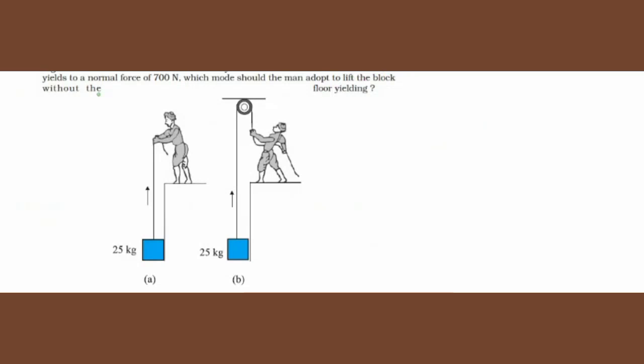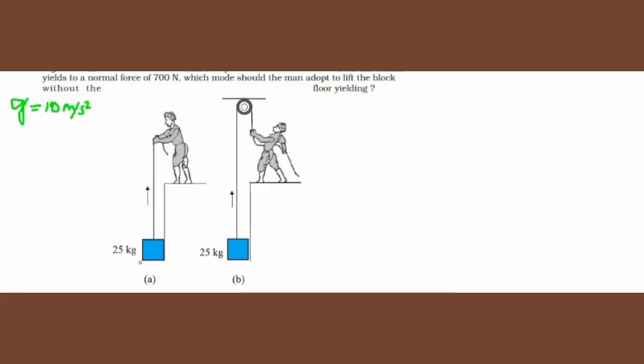If the floor yields to a normal force 700 Newton, maximum capacity of the floor is 700 Newton, which mode should the man adopt to lift the block without the floor yielding? Okay. So I'm going to take g equal to 10 meter per second square.